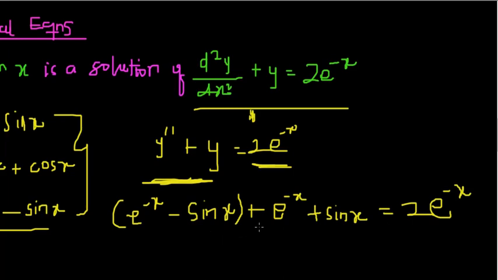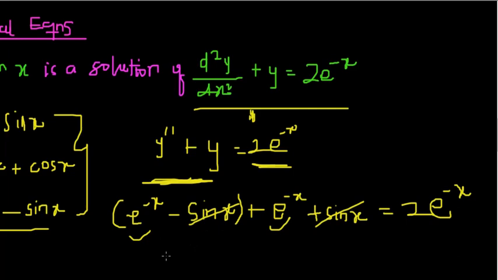So let's expand this expression. This is e exponent minus x, and this is positive e exponent minus x. This is negative sine x, and then positive sine x. So this one will cancel this one, and we'll be left with e exponent minus x plus e exponent minus x.